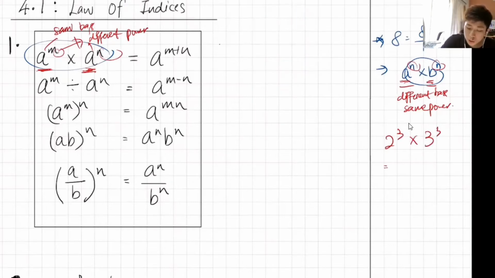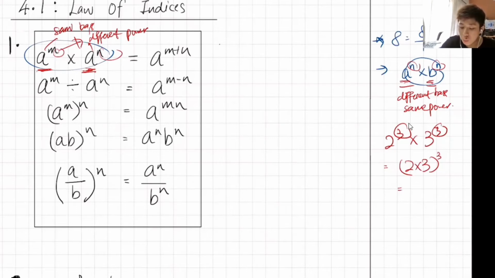Remember, power is like bringing you to a world. If you are in the same power world, you can multiply them. You can multiply 2 times 3 to the power of 3. The way I used to tell my students and myself is, power is like a world.